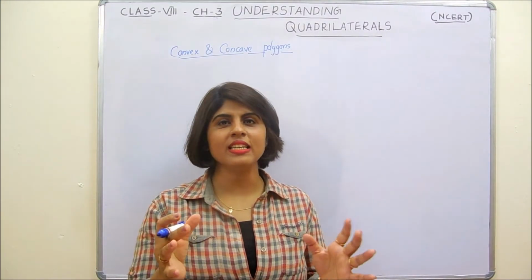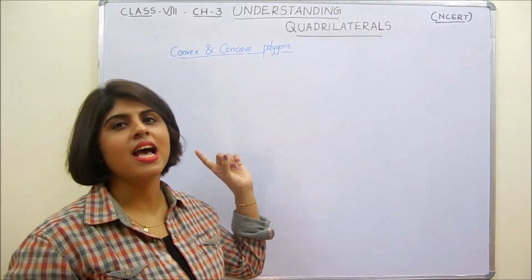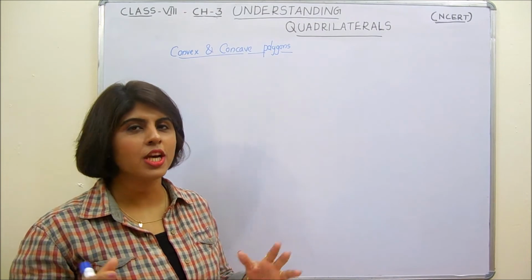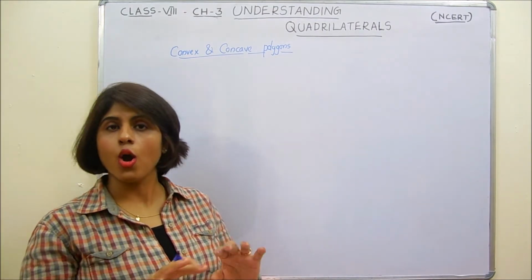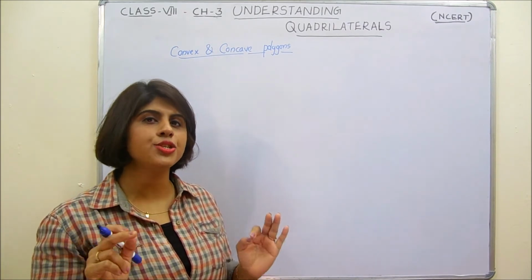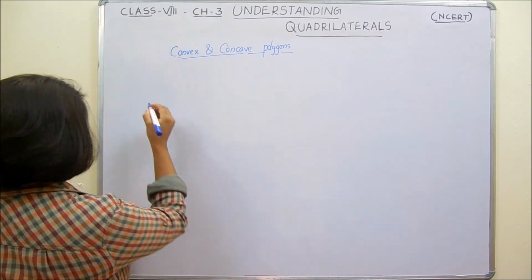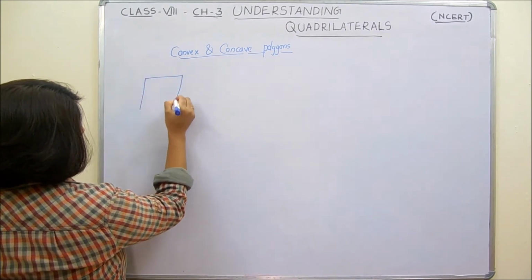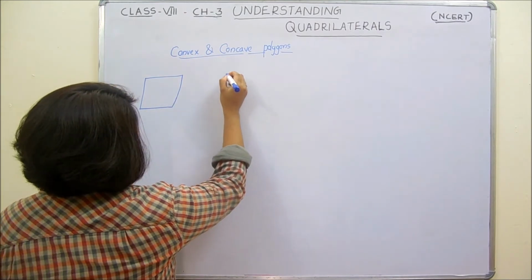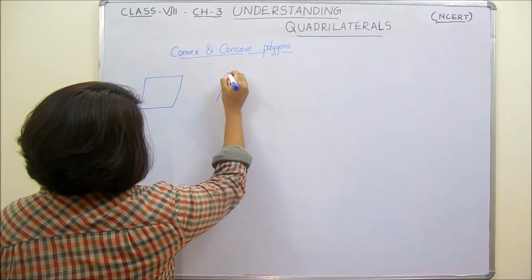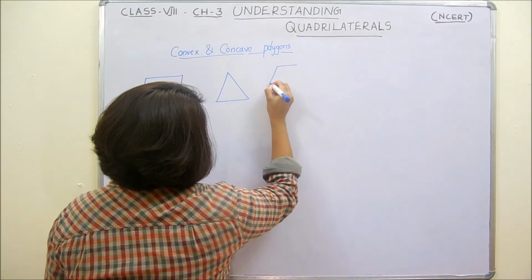Now, the polygons are classified into two, that is convex and concave polygons. What are convex polygons? In a convex polygon, all of its interior angles should be less than 180 degrees. For example, we are considering a rhombus, a triangle, a pentagon.